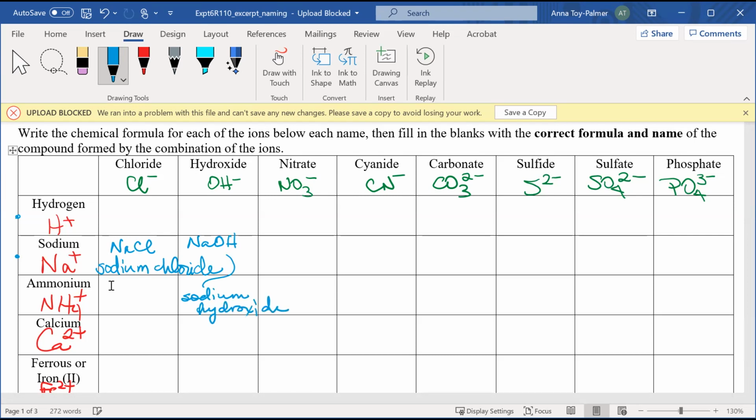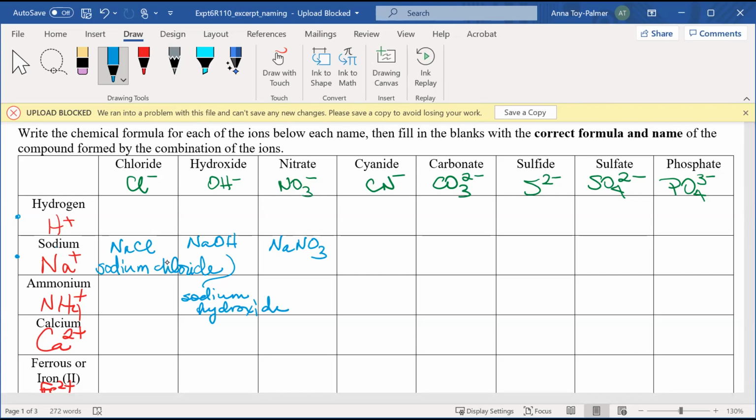Okay, when you do your third compound, NaNO3, charge neutral, what is that called? What's my cation name?